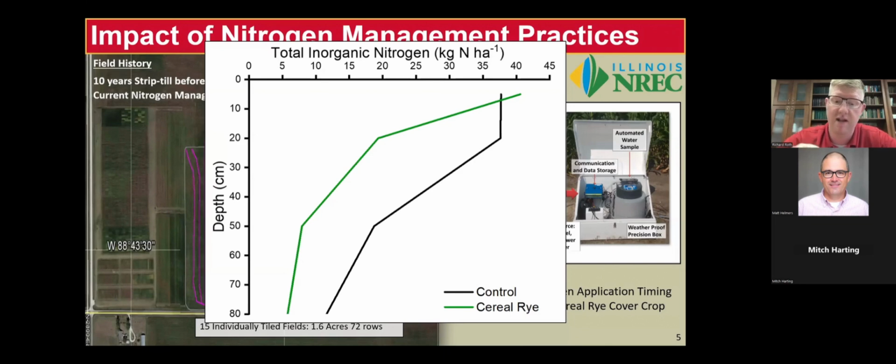And as you move down, we're getting deeper in the soil. You can see the green line, which is our cereal rye, is farther to the left than our control line, which indicates that we had less total nitrogen in the soil profile, which makes sense, right? We have something growing, it's actively taking nitrogen up, meaning that there's less plant available nitrogen, which is the form that we lose. And so less there, less to be lost.